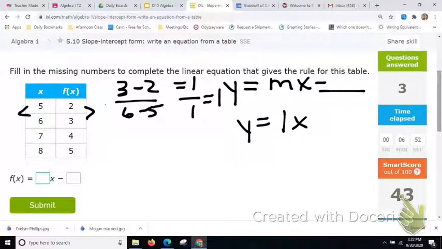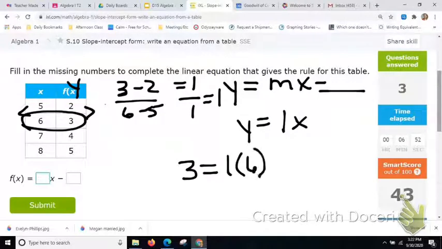And so if I'm just multiplying by 1, if I pick one of these points, say I just choose that one, 6 is equal to 1 times, nope, not 6, my bad, back up, 3, because this is the same as y, so 3 is equal to 1 times 6 minus what?